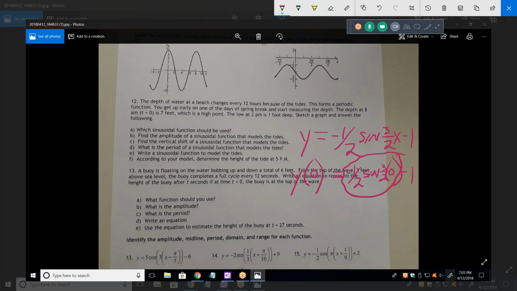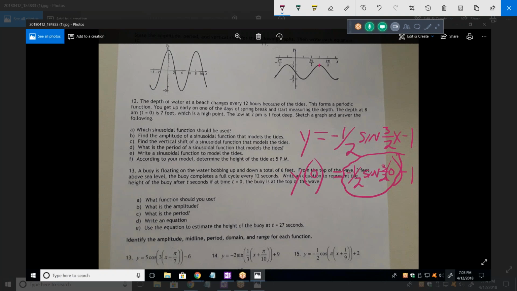So let's check out another point. I don't want to use 4/3 pi either. Let's use this point right there. What is that on the x-axis? 3 pi over 3, so pi.